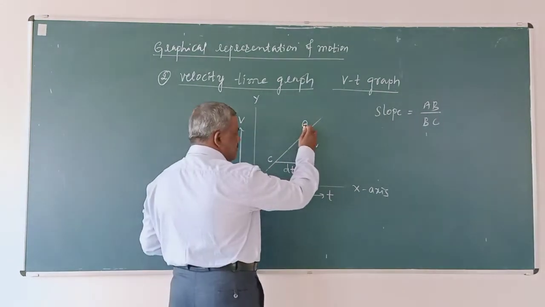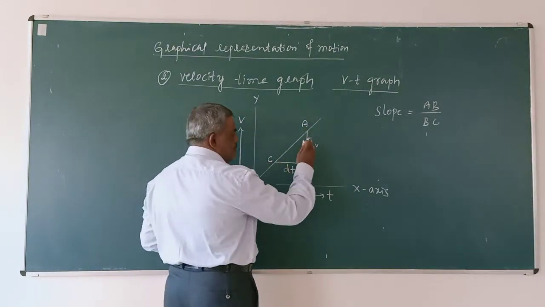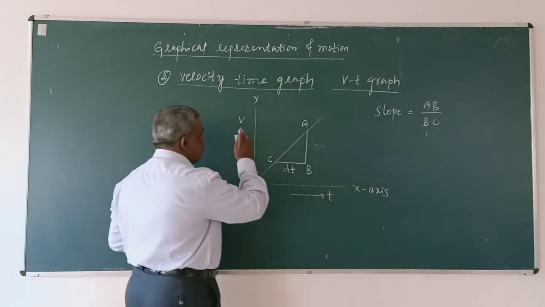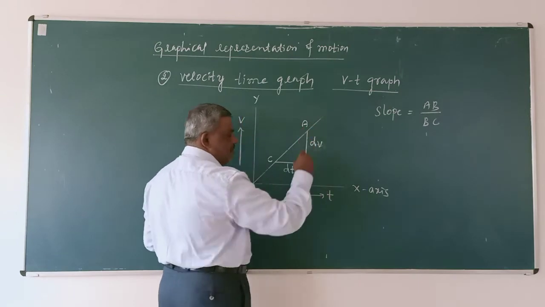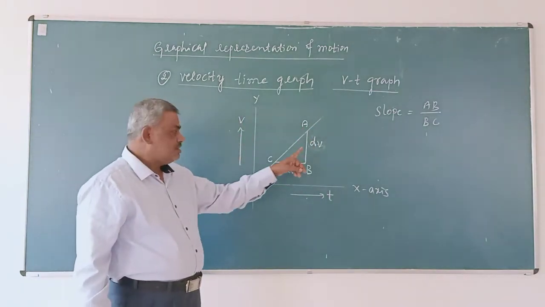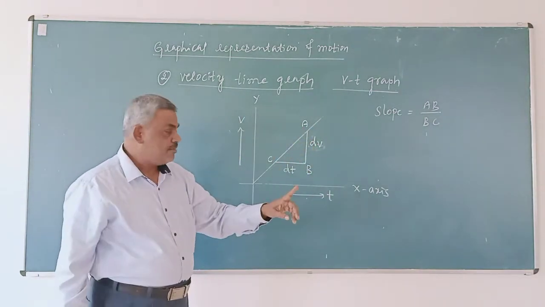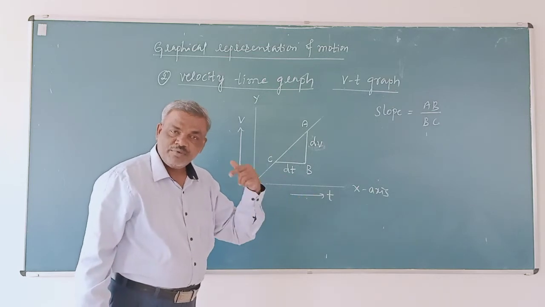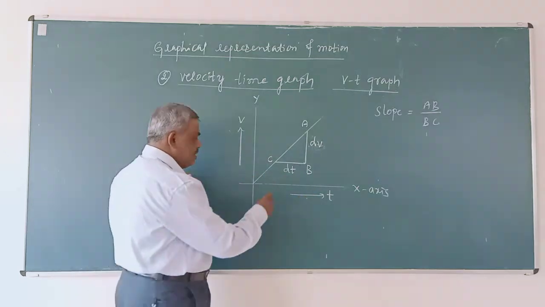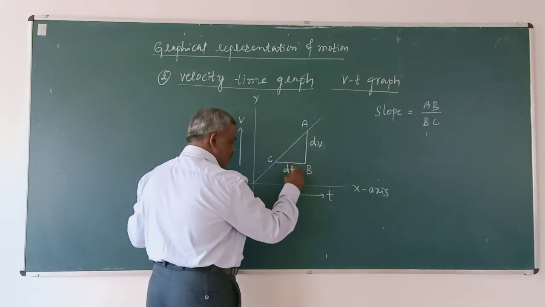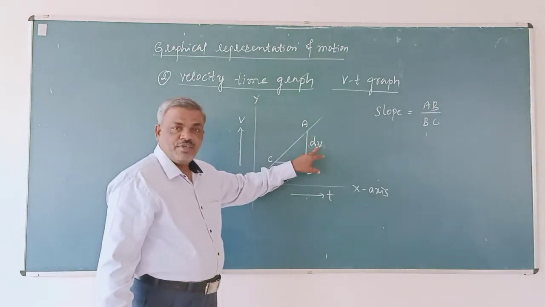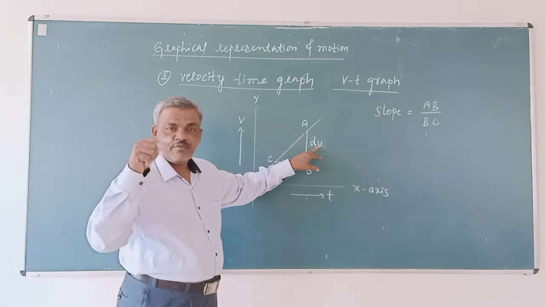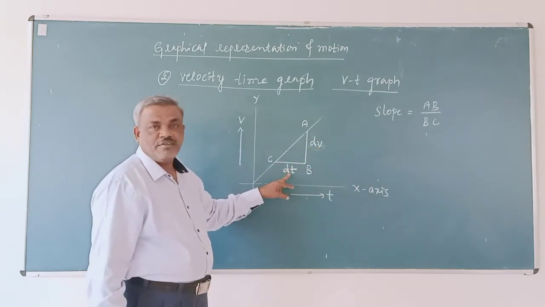We mark the points A, B, C. So AB, which axis? Y-axis. The change in velocity, symbol dV. The change in velocity takes place in a small time, so dt. So AB is dV, the change in velocity in time t seconds, dt.